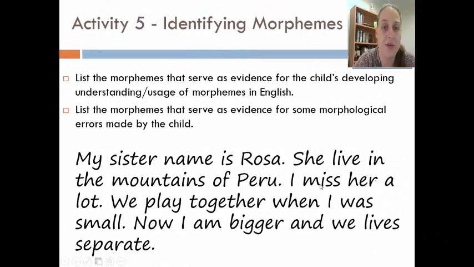Okay, so let's go through activity 5, where I'm going to ask you to identify the morphemes that serve as evidence for the child's developing understanding of morphemes in English, and then you should be looking for the morphemes that she's maybe not put or which she has applied incorrectly as evidence for some of the errors that the child has made.